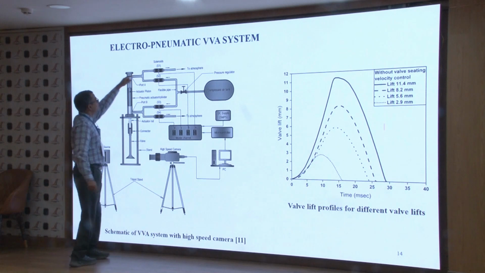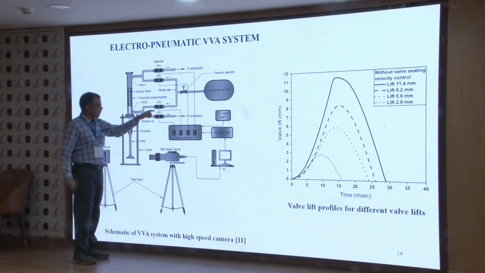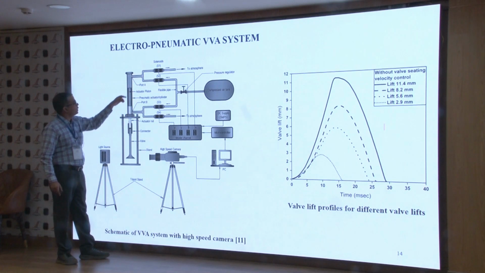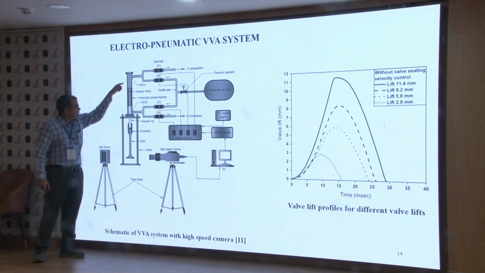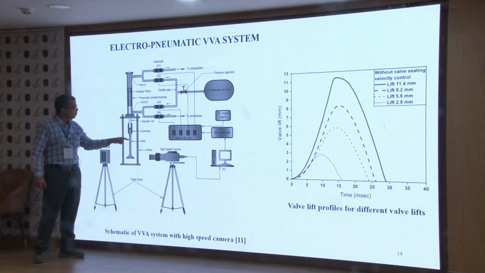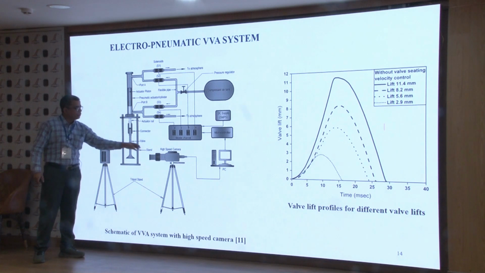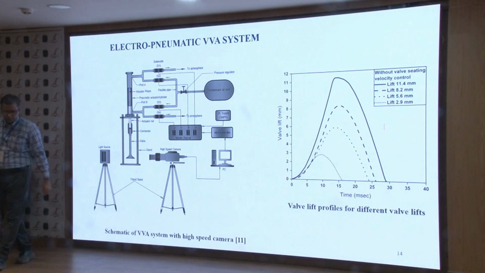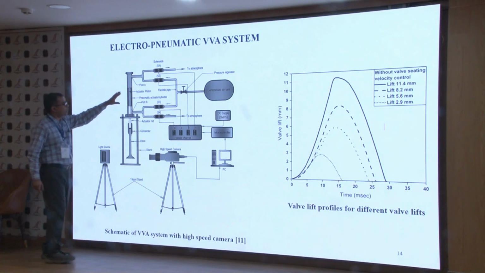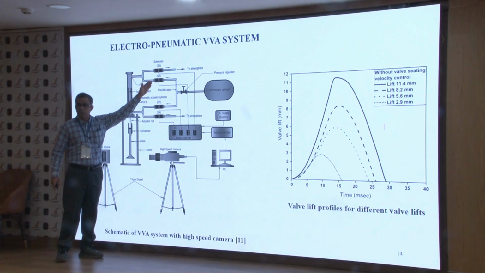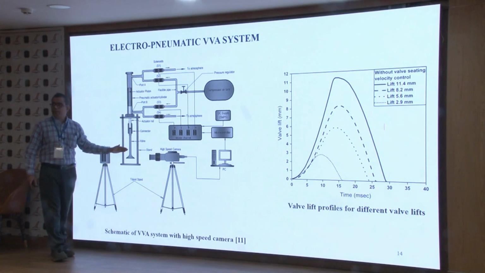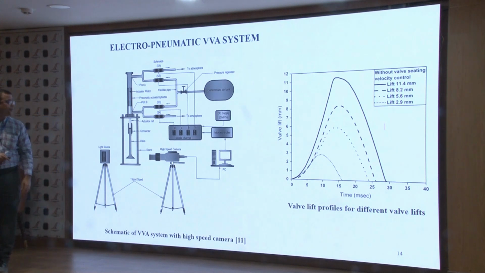By controlling the solenoids with the help of microcontrollers and opening S1, S2, S3, S4, we are able to actuate this valve that is connected here. We first try to do the fundamental analysis of how much pressure is required, and what the opening and closing durations of the valve actuators should be to get our desired valve lift and valve durations. In that way, we started.